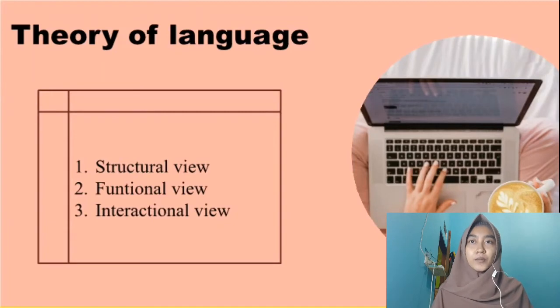Okay, next about theory of language. At least three different theoretical views of language and the nature of language proficiency explicitly or implicitly inform current approaches and methods in language teaching. For the first, structural view, the view that language is a system of structurally related elements for the coding of meaning.